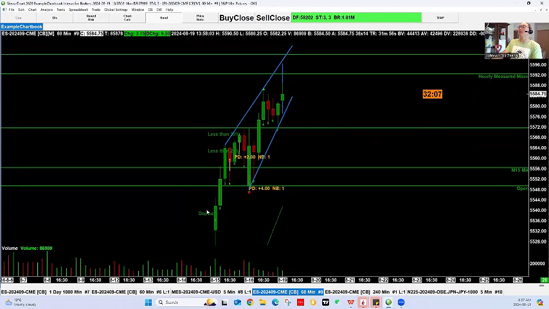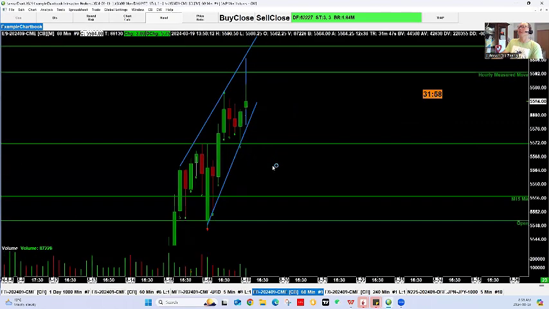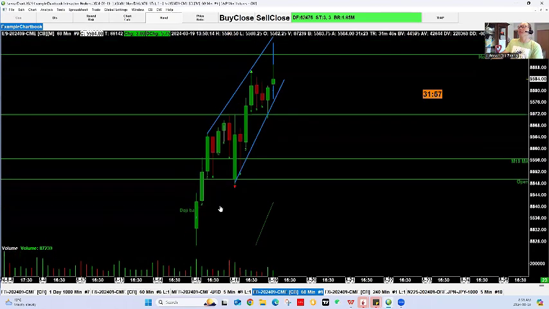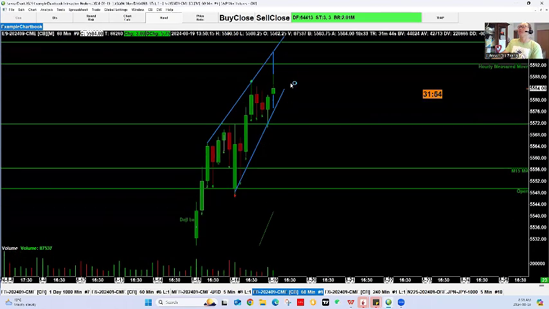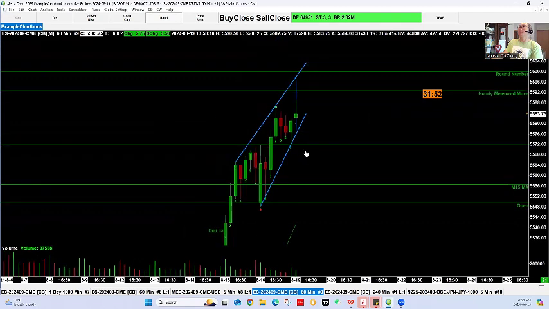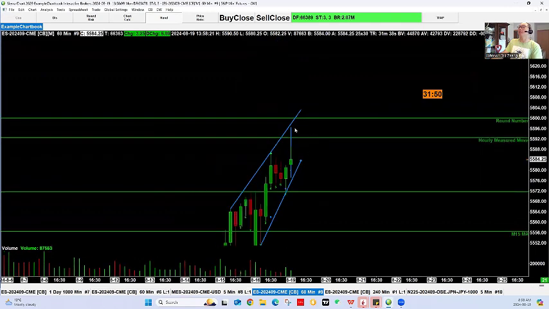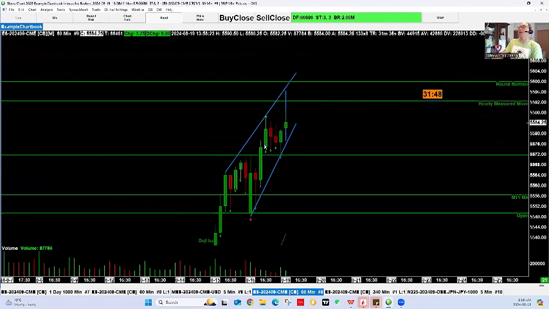60 minutes chart. This is an uptrend, still in an uptrend, with higher highs.